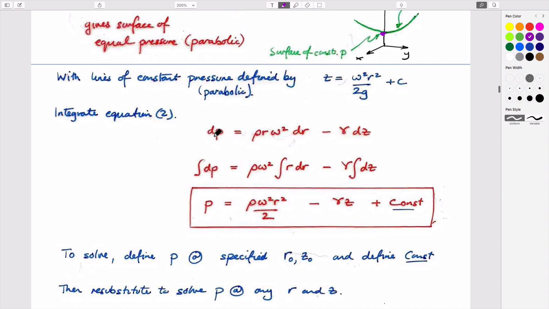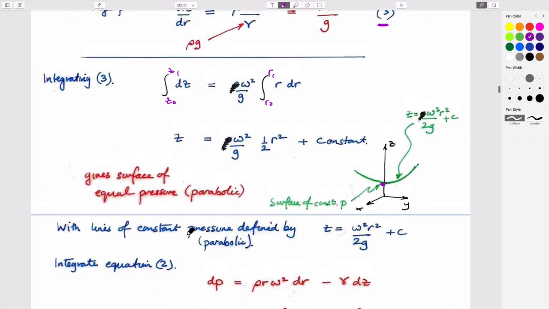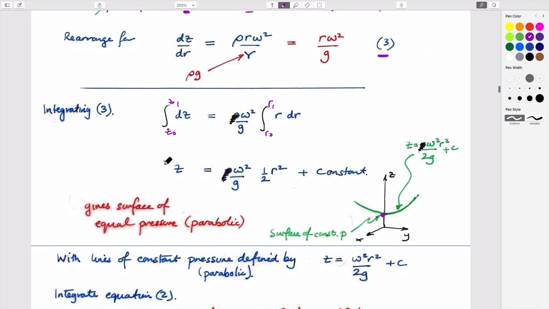We can integrate both sides, and we end up with another expression. So the two important expressions from today that come from this for fluids that are rotating are this expression here and this expression here. And they're a standard kind of result of this.